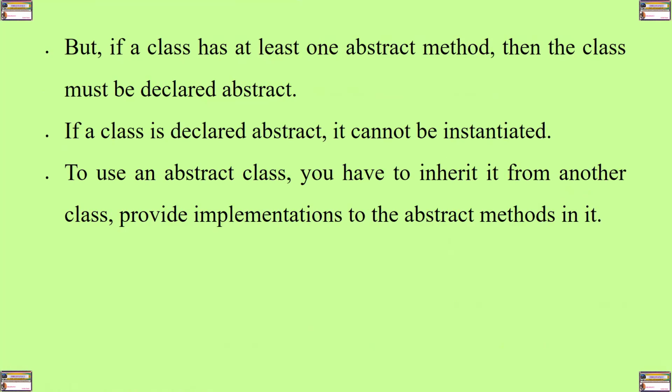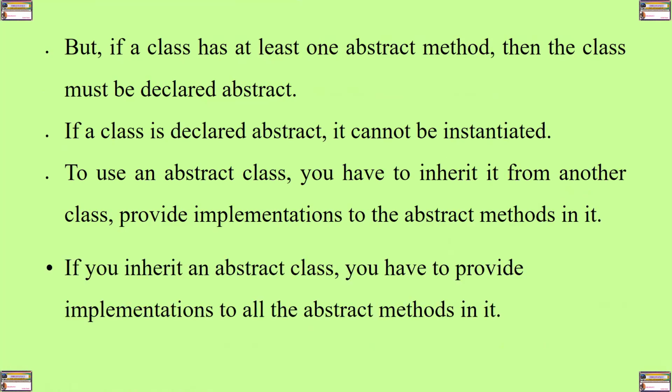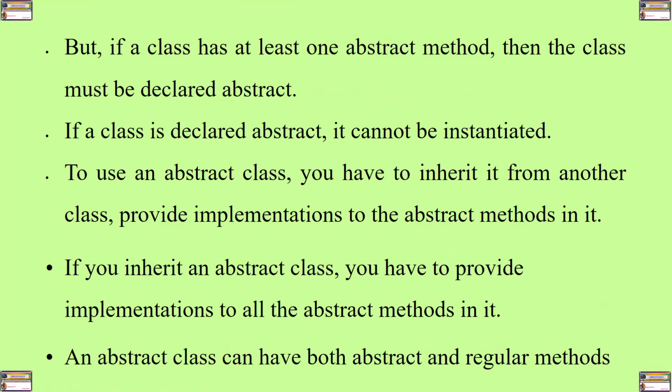To use an abstract class, what do you have to do? You have to inherit it from another class and provide implementation details to the abstract methods in it. So, if you inherit an abstract class, you have to provide implementations to all the abstract methods that are in it. An abstract class can have both abstract and regular methods.